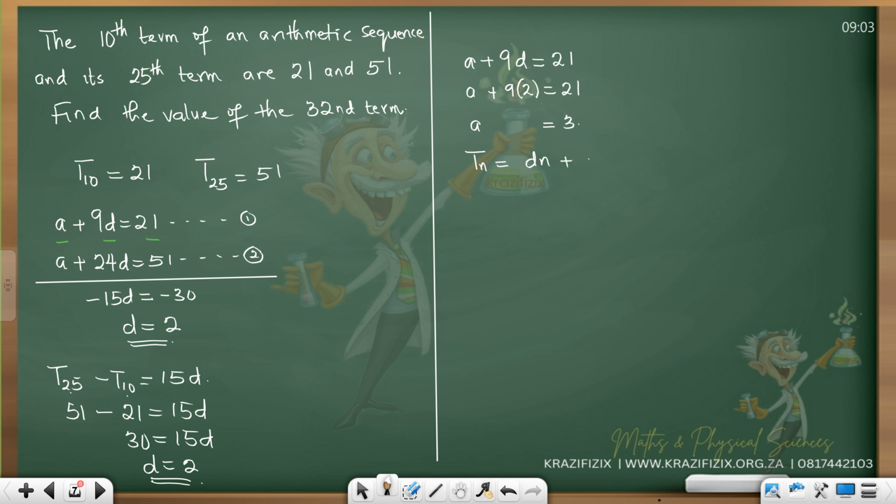Look, I can even do this if you remember what I taught you. What is a? 3. What is d? 2. Which gives me the right to now look for T32.